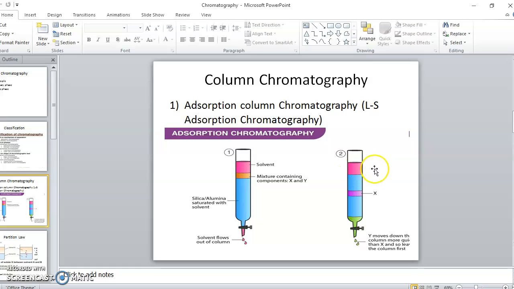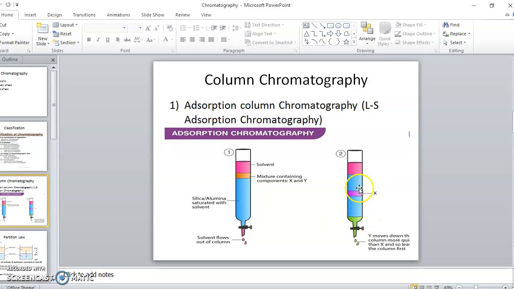You have to remove this solvent and take another solvent. In that solvent only X gets dissolved, and you have to pass that solvent through this column. What happens? The adsorbed component X gets dissolved in that particular solvent, while Y will not get dissolved.